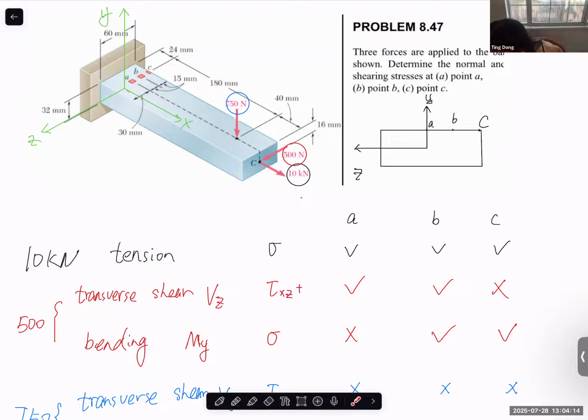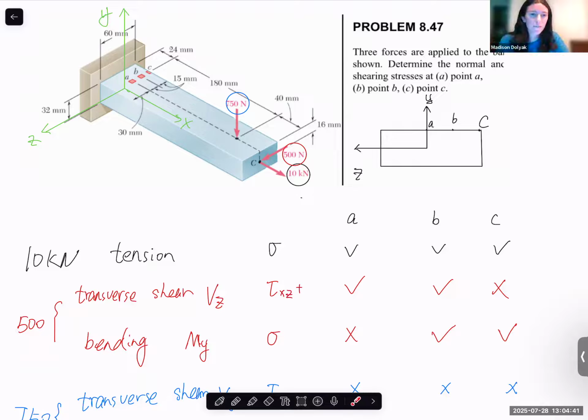The neutral axis changed. Yes, the neutral axis changed. Let me demonstrate using this one. When we are looking at the area for Q, it would be half. What do you mean by Q would be half?